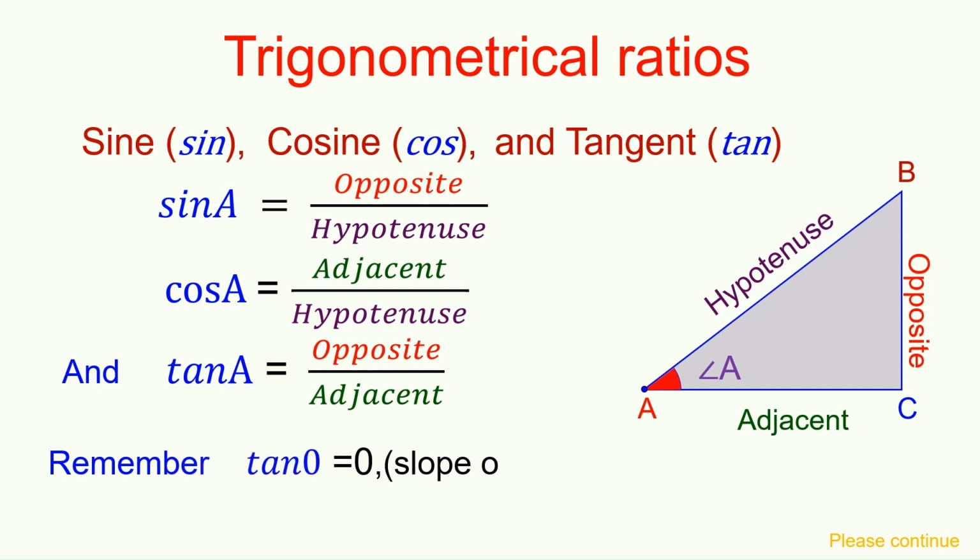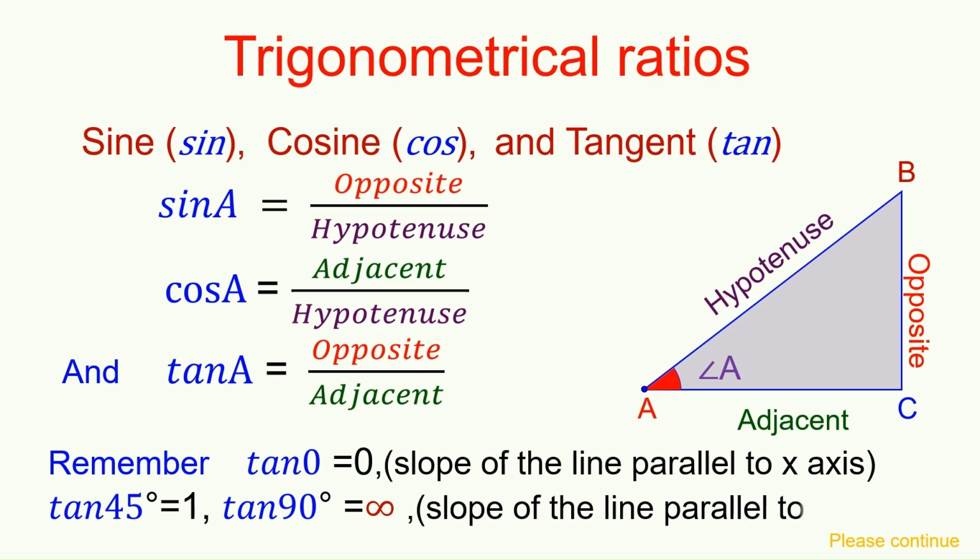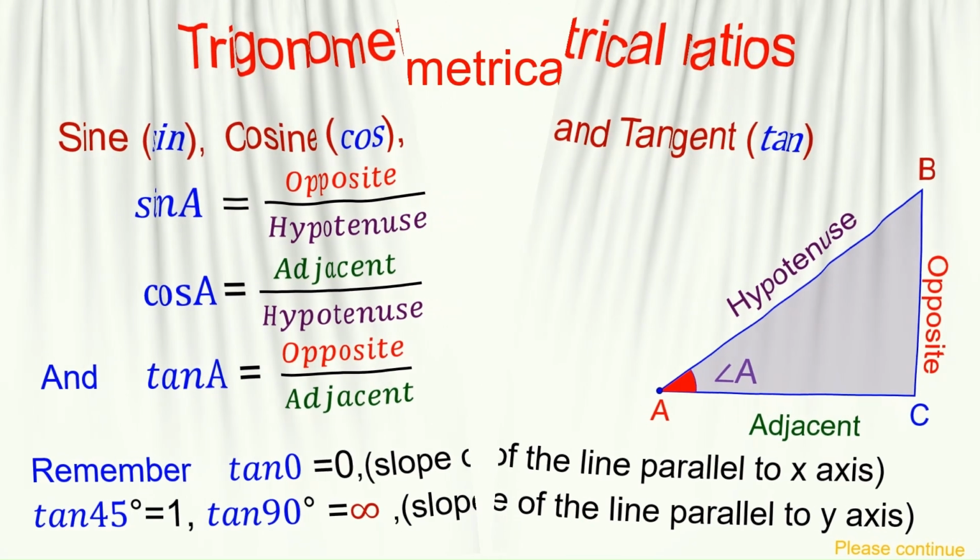Remember, tangent 0 is equal to 0, the slope of a line parallel to the x-axis. Tangent 45 degrees equals 1. Tangent 90 degrees equals infinity, the slope of a line parallel to the y-axis.